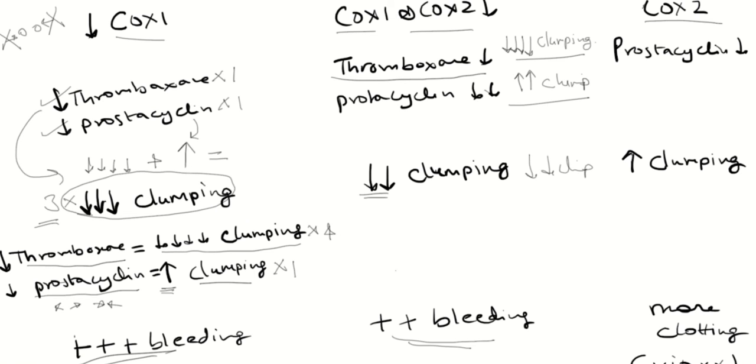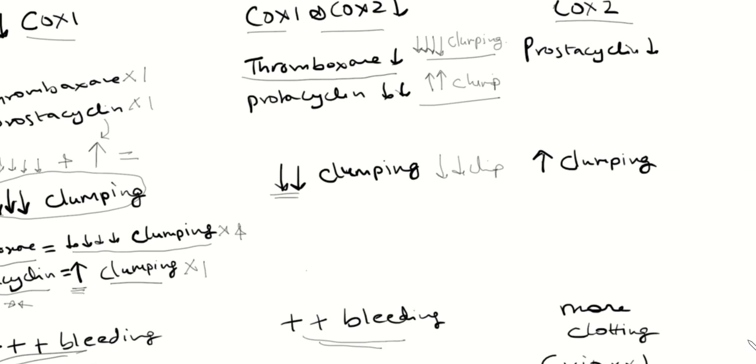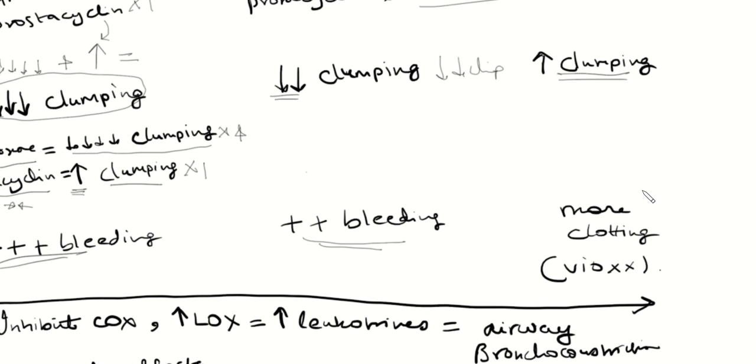Now I do want to go over the COX-2 inhibitor in this, because when I do, you're going to say, aha, that makes so much sense. So a COX-2 inhibitor inhibits only prostacyclin once. So what does that do to clumping? It increases the clumping of the platelets by a factor of 1. So what does that mean for bleeding? This is the part that's very interesting.